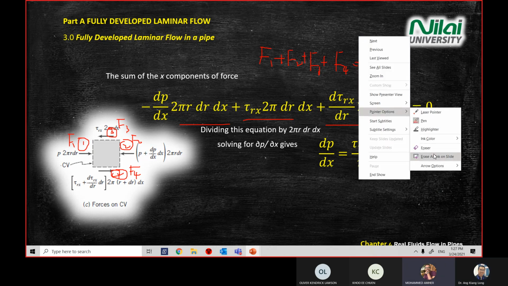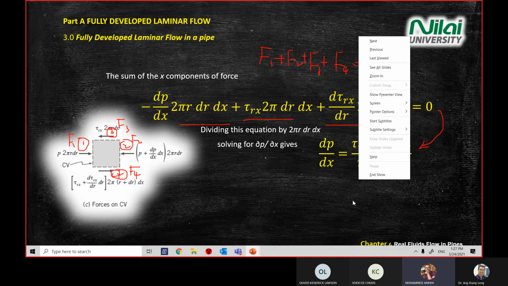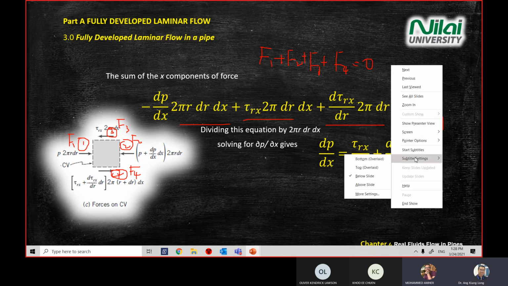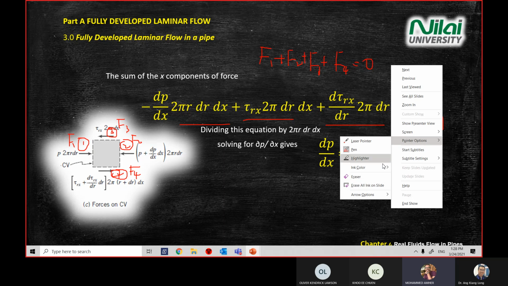So for F2, when we multiply the 2 pi r dr by the terms inside the brackets, this one is supposed to be negative, right? All of it. Yes, correct.